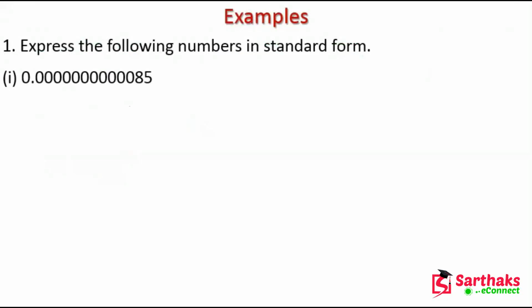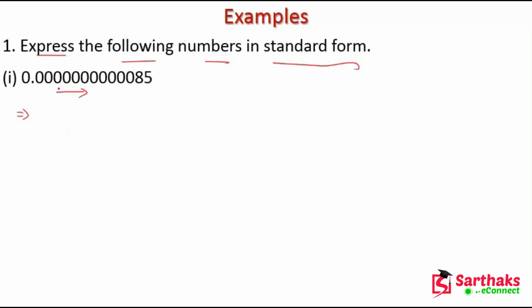Now we are going to solve the problems. Express the following numbers in standard form. Here you can observe this is a very small number, so we have to move this decimal point to the right.